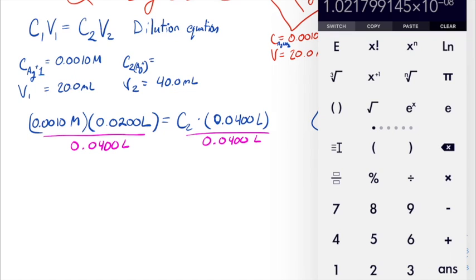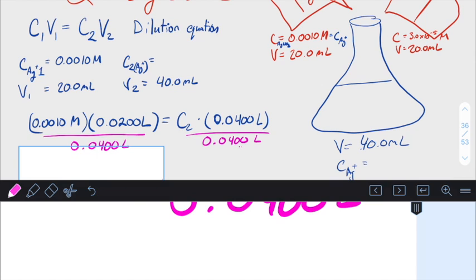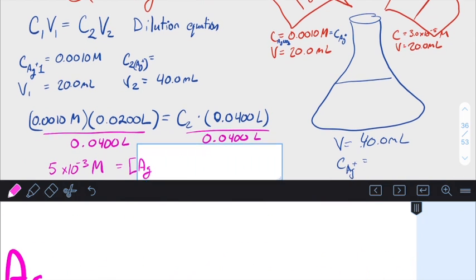Right, so I'm going to do some math. 0.001 times 0.02 divided by 0.04 equals my new concentration, which is 5 times 10 to the negative 3. So I got a 5 times 10 to the negative 3 molar solution of silver.